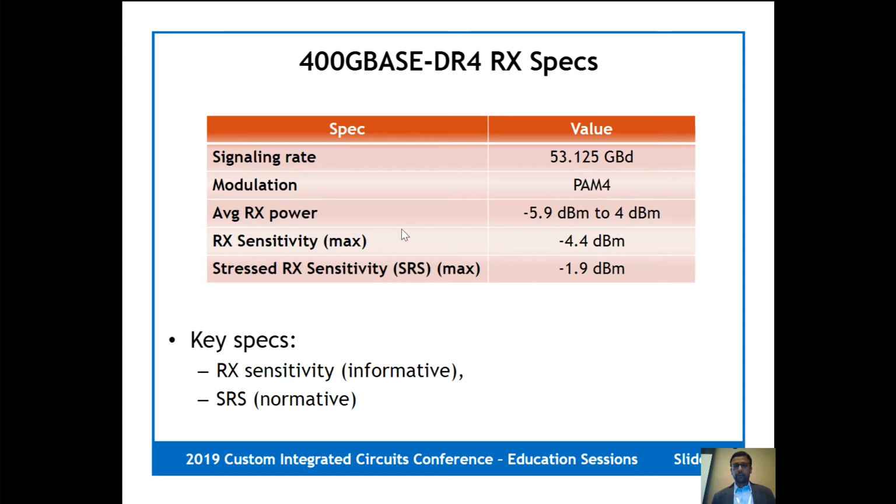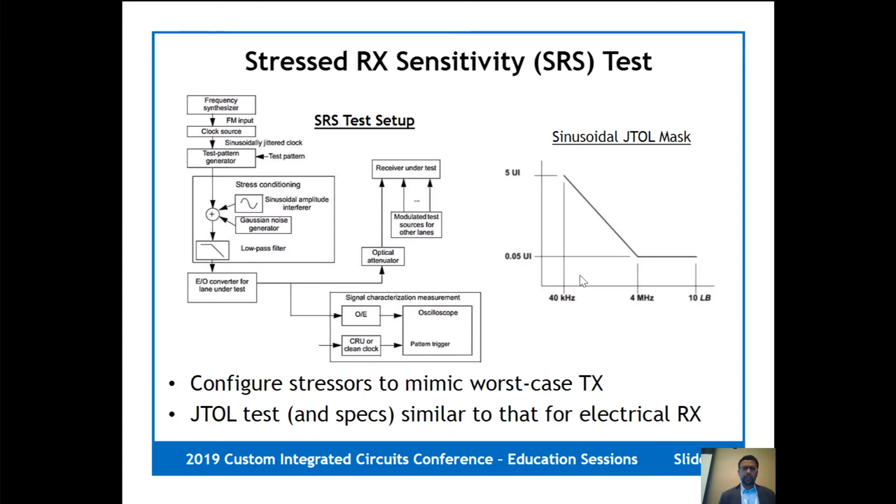The required receiver sensitivity spec is what's called the stress receiver sensitivity, where you apply external stressors to mimic your worst-case transmitter and channel conditions, and you want to achieve your target bit rate with -2 dBm input power or lower.